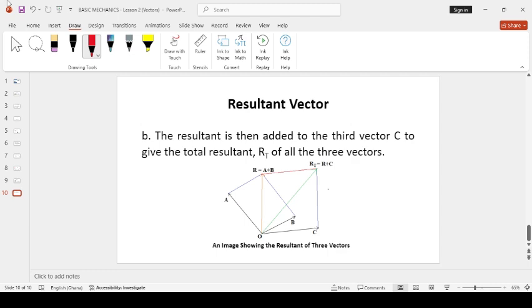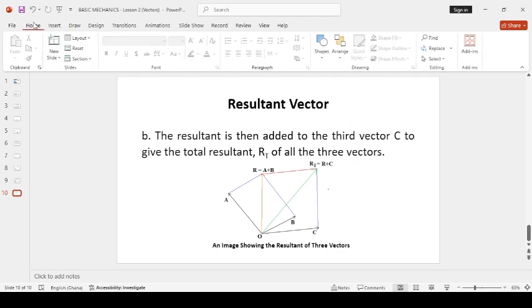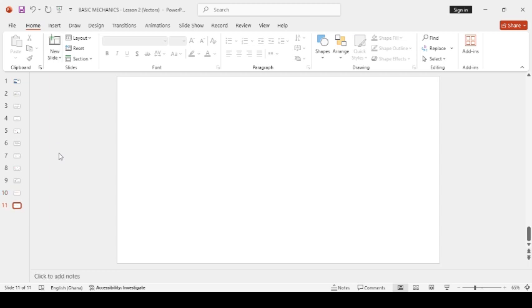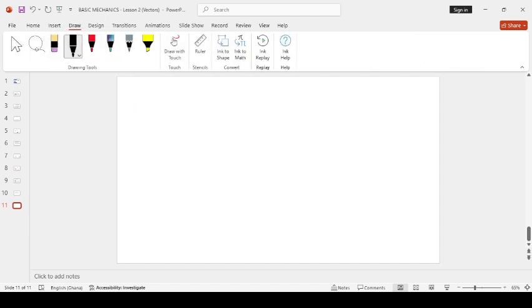So to explain what was said earlier, this is what it means. If we have three vectors, let's say the first one is A, then the next one is B, and then the last one is vector C. So how do I find the resultant of all these three vectors?